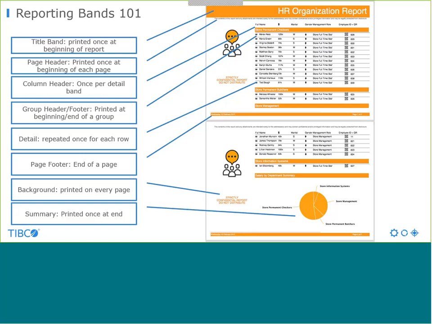But in principle, each page consists of a title band, a page header, a column header. So the title band is repeated and printed once at the beginning of the report.